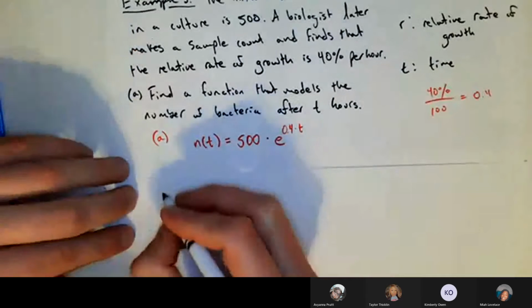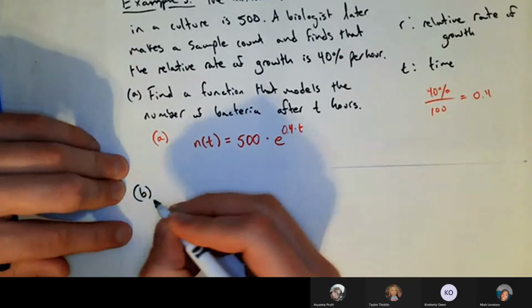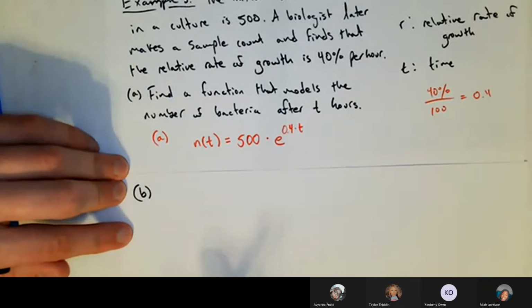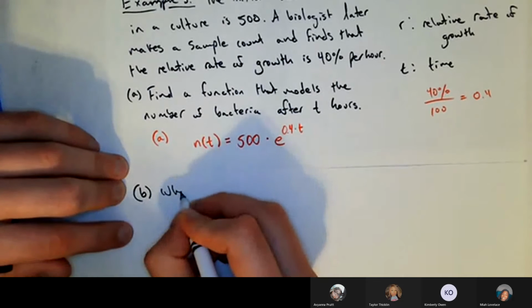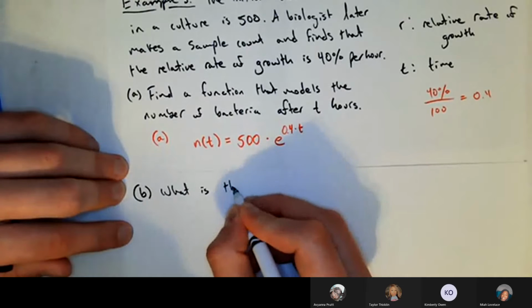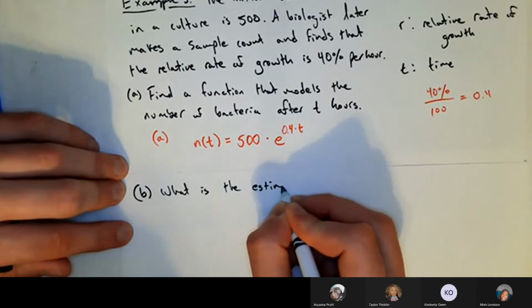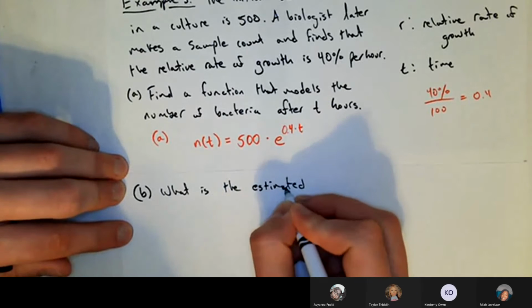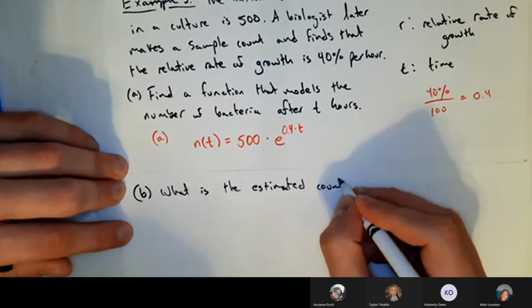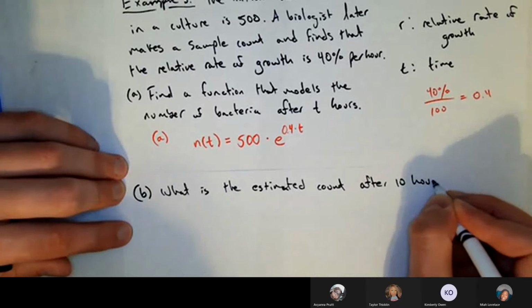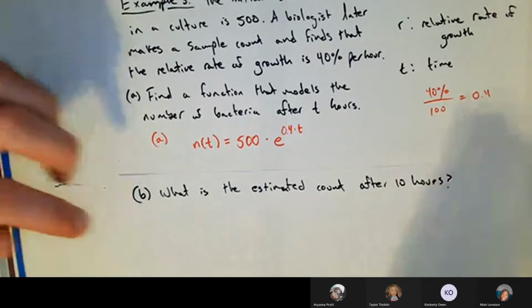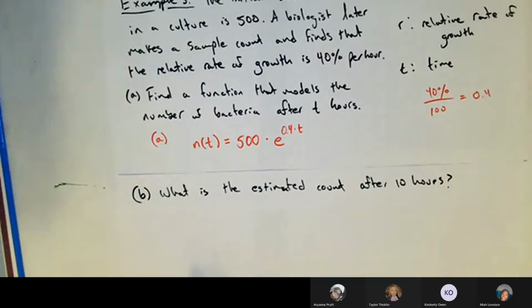Okay. Part B is going to ask us to use the model now. It says, what is the estimated count after 10 hours? Okay, what's the appropriate way to write this?